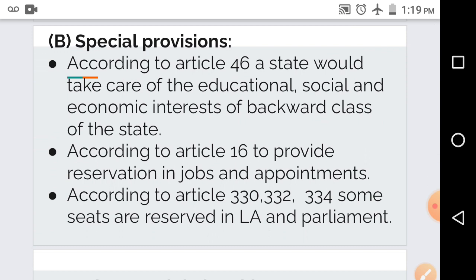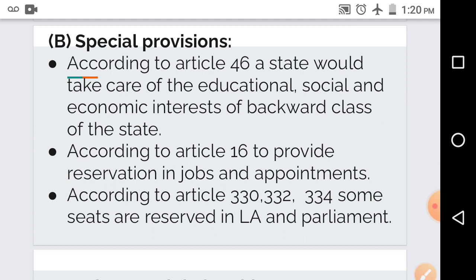Especially, scheduled castes and scheduled tribes will be protected against social injustice and exploitation. Second, according to Article 16, if the state government feels the backward classes are not represented proportionately in government jobs, the state government will have the right to provide reservation in jobs and appointments.